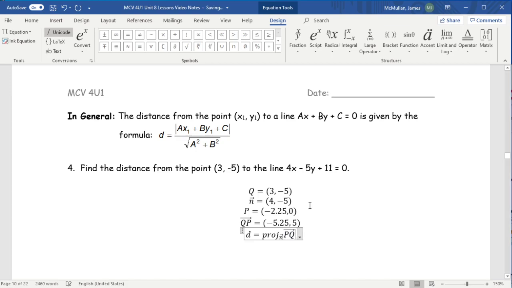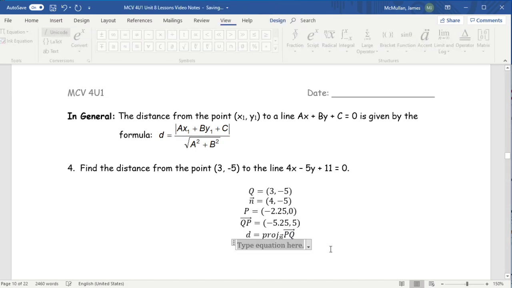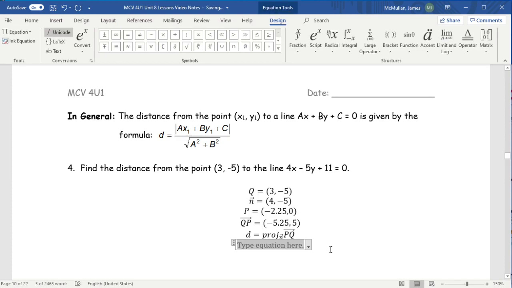That's the distance I need. So all I'm going to do here is go vector PQ dot vector n, put brackets around this, divided by the length of vector n. Okay, and that's the distance.